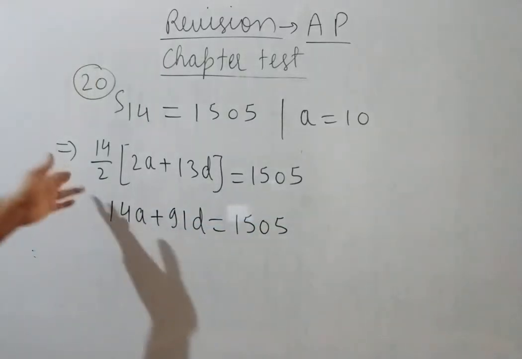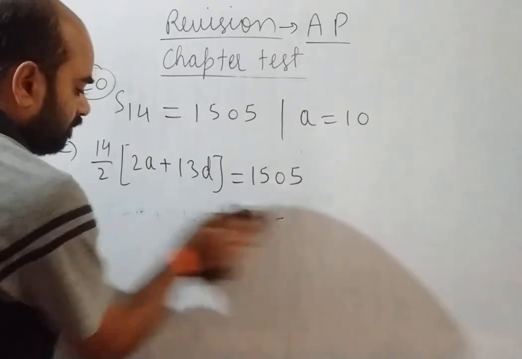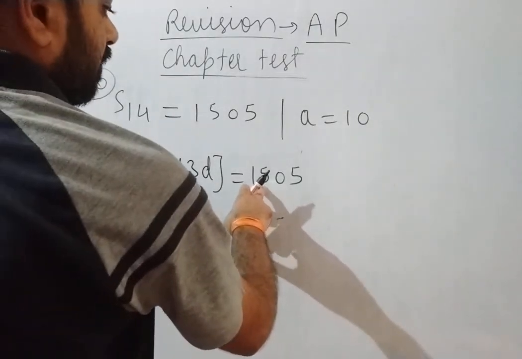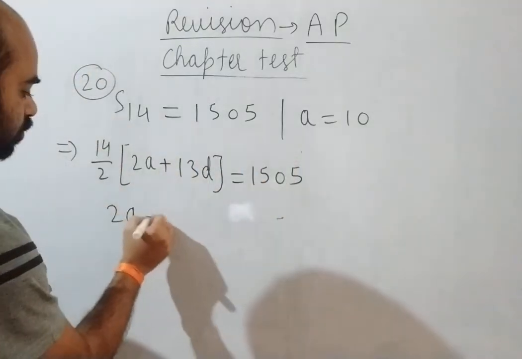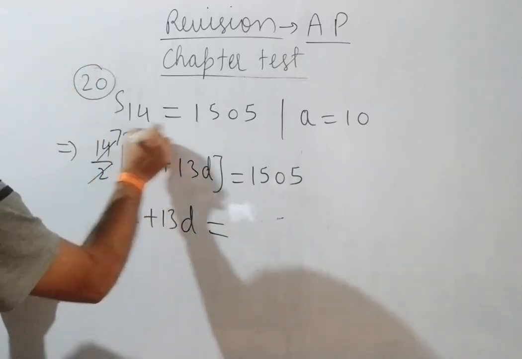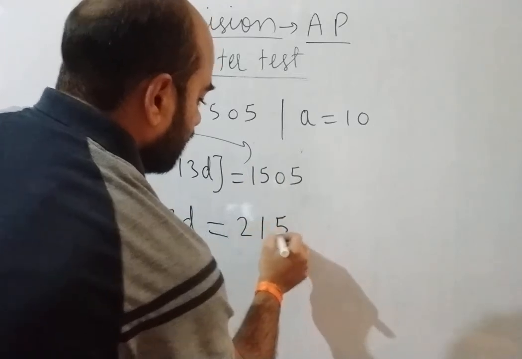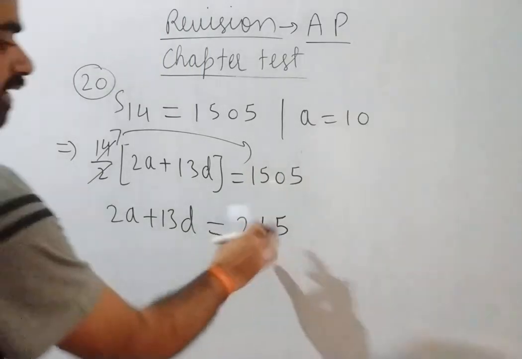Or don't multiply, directly divide. Why are we multiplying? Divide. It is divisible by 7 or not? Yes, divisible. So finally this will be 2a plus 13d is equal to 1505 divided by 7. Divide. I think this will come. Correct? So 2a plus 13d is equal to 215.